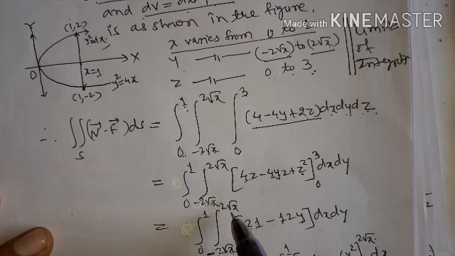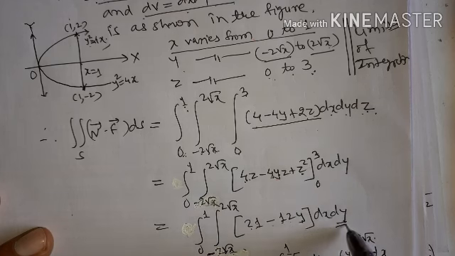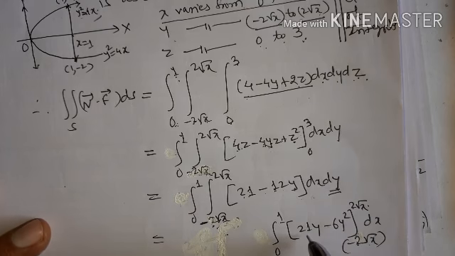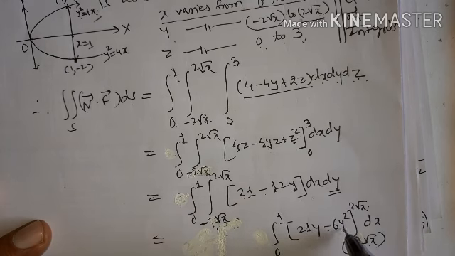Now the limits are in terms of x. So first we will integrate it with respect to y. So 21 has integration 21y, minus 12y has integration minus 6y square, and the limits for y are minus 2 root x to plus 2 root x.